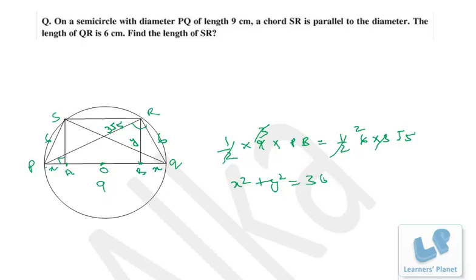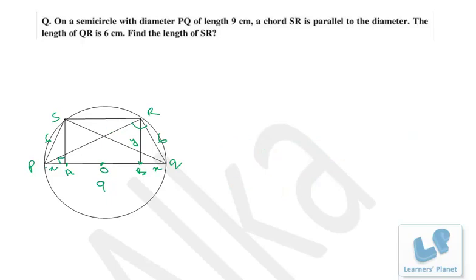The third method that I'm going to discuss, let's see. Now this is actually the shortest and sweetest method to solve this problem. In this case we will be using the concept of similar triangles. Friends, in a right angle triangle, suppose this is the right angle, I drop a perpendicular from this vertex to the hypotenuse.